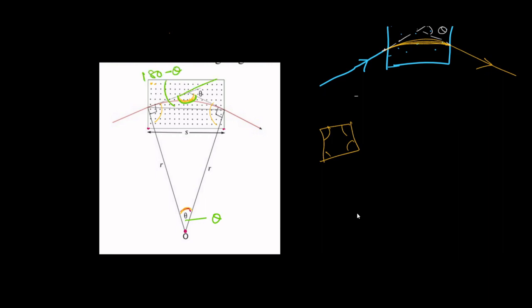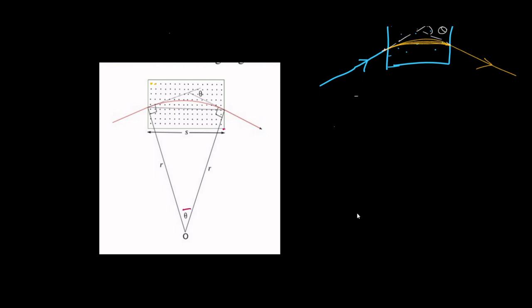This is a straight line, hence this angle is theta, and that's the deflection. So now let's try to find an equation for this deflection. Let's try to get a relationship for theta.